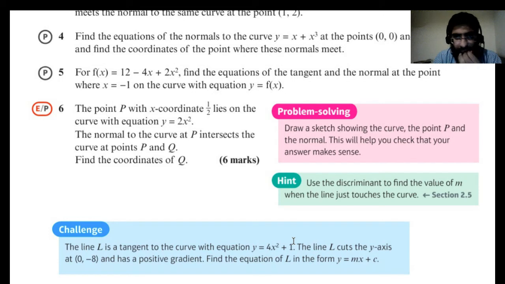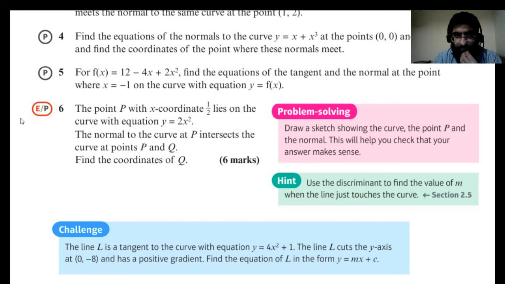Okay, so that means 2 into half squared is the y coordinate, so that means 2 into 1 by 4, which is 1 by 2.